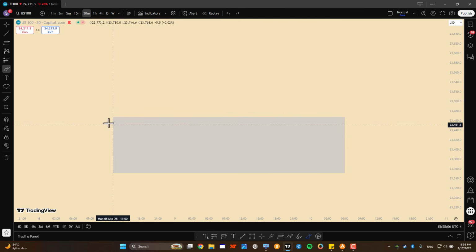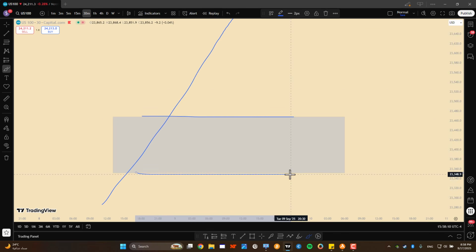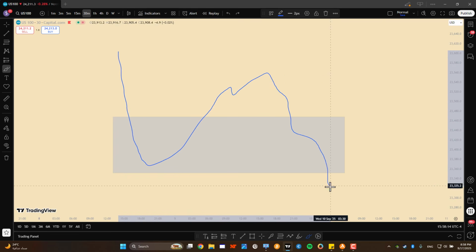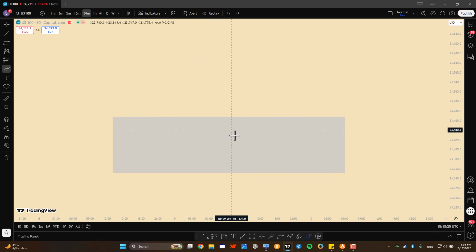It can be an imbalance, a single print. It can be something like this: price takes a previous swing low, a previous daily low, weekly low, whatever. So that's a higher time frame. You want to base your trade off a higher time frame zone, a higher time frame point of interest.